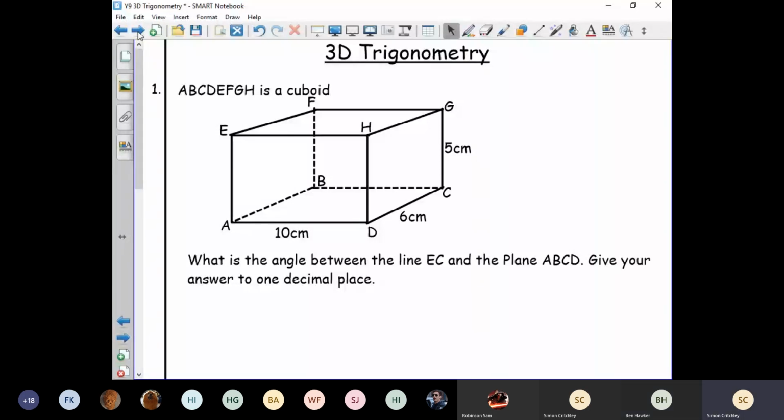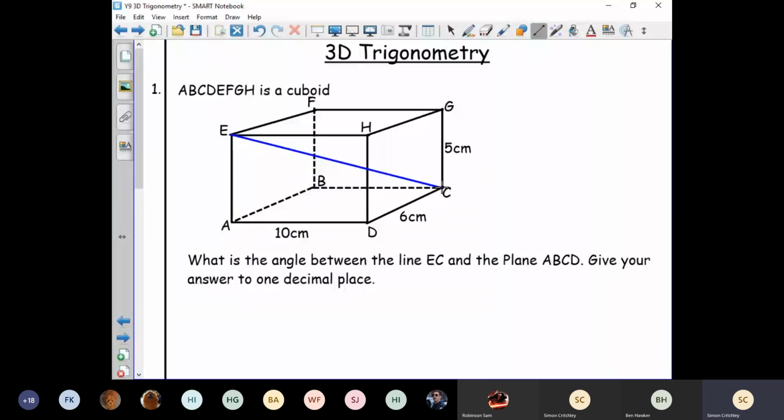Right, anyway, so here we go. Right, it's going to be helpful, I think, probably to establish what angle we're talking about here. The line E to C. Right, so E to C. Well, this is the diagonal, isn't it, through the middle of this cuboid. Okay, so we've got that diagonal through the middle of it. And then we've got the angle created by that line E to C, and the plane A, B, C, D?